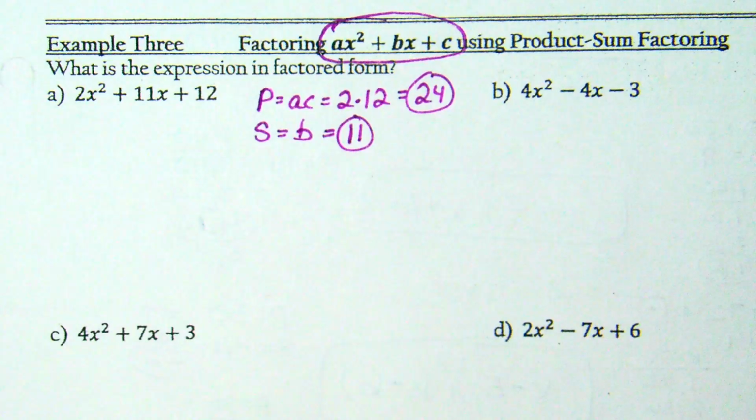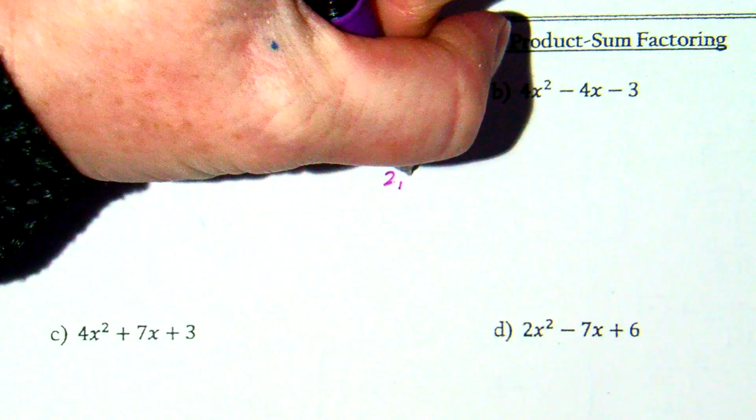Have you figured out the pair that works? What multiplies to be 24? If I go through my list, it's 1 and 24, 2 and 12, 3 and 8, 4 and 6. Which one multiplies to be 24 and adds to be 11? 3 and 8. Okay, now, here's what's different.